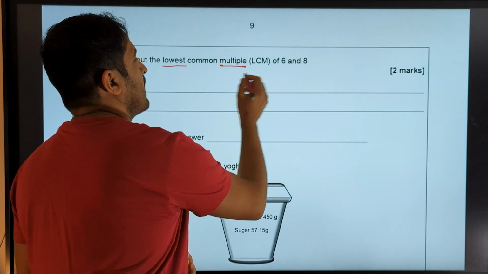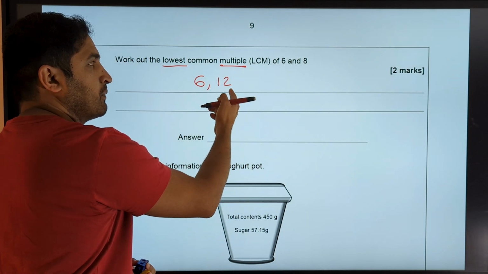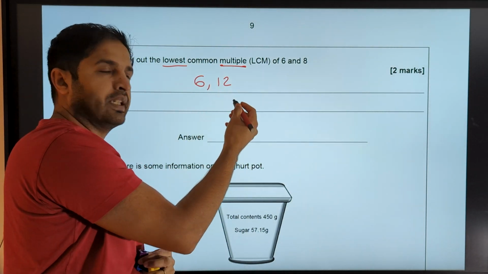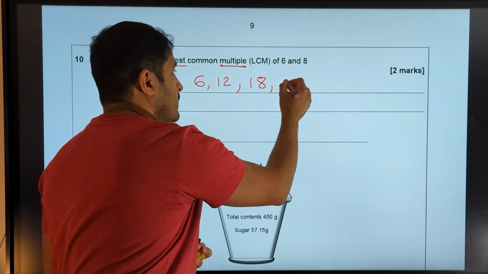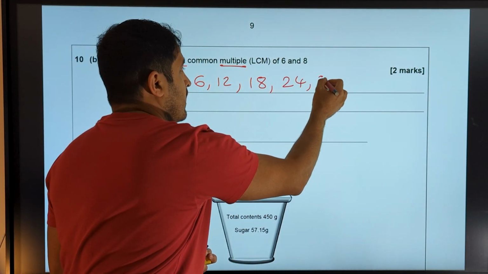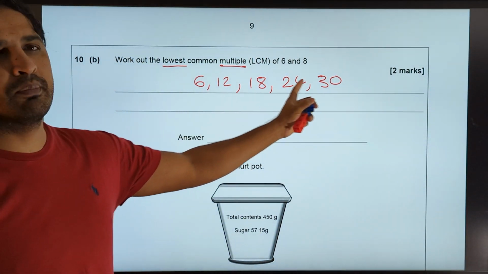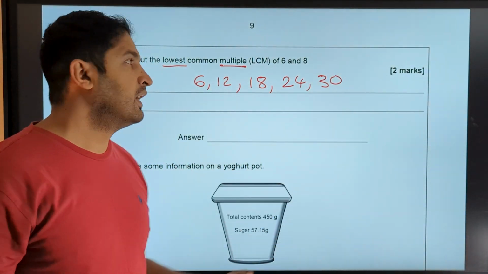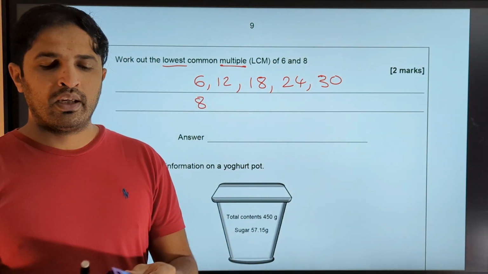Okay, multiple of £6. So multiples of 6 are 6, 12. 2 lots of 6s, you get 12. 3 lots of 6s gives you 18. 4 lots of 6s gives you 24 and 30 and so on. You can keep on going. Those are multiples of 6, the 6 times table. Then if I have multiples of 8, again each cube's value is 8.